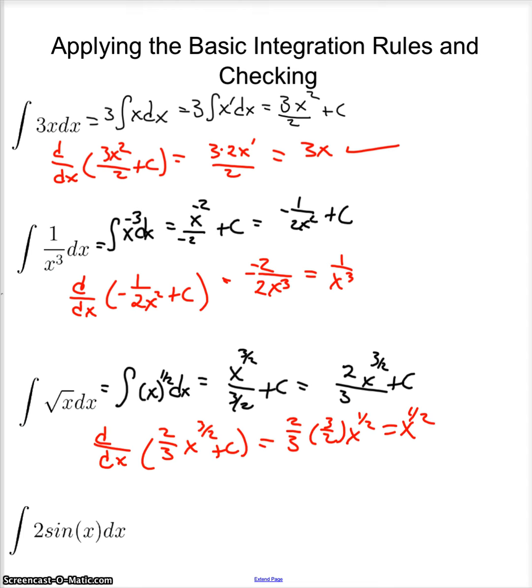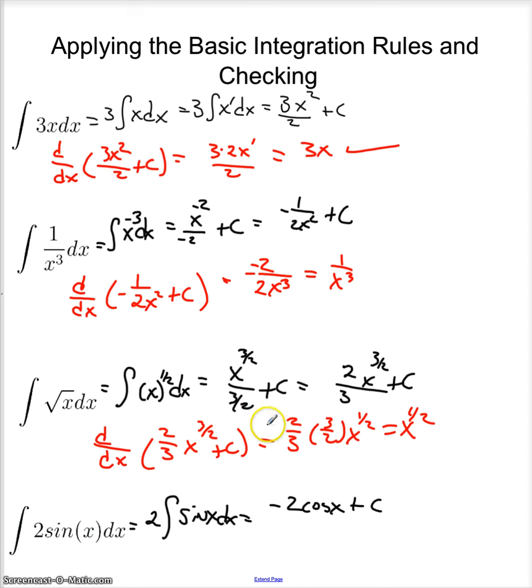I'm on a roll. Now what about this one right here? I'm going to factor the 2 out, integrate sine x dx. Now the integral of sine is minus the cosine, so this is going to be minus 2 cosine x plus a constant.